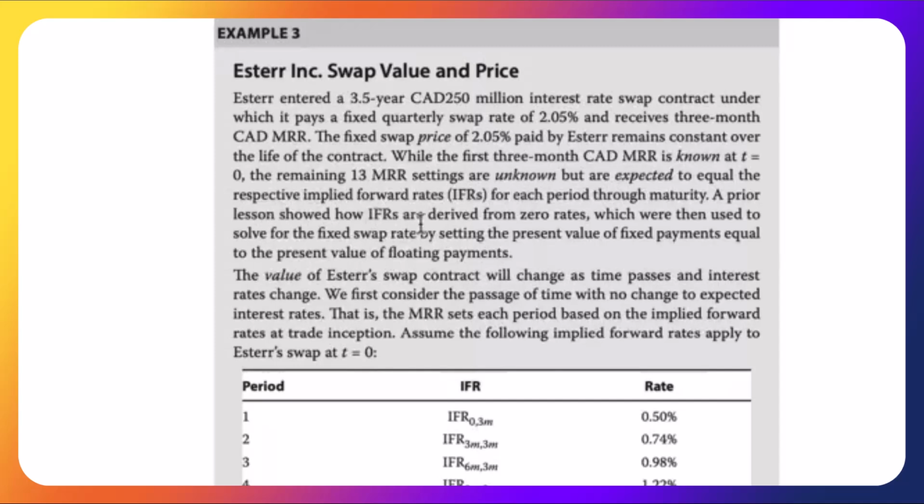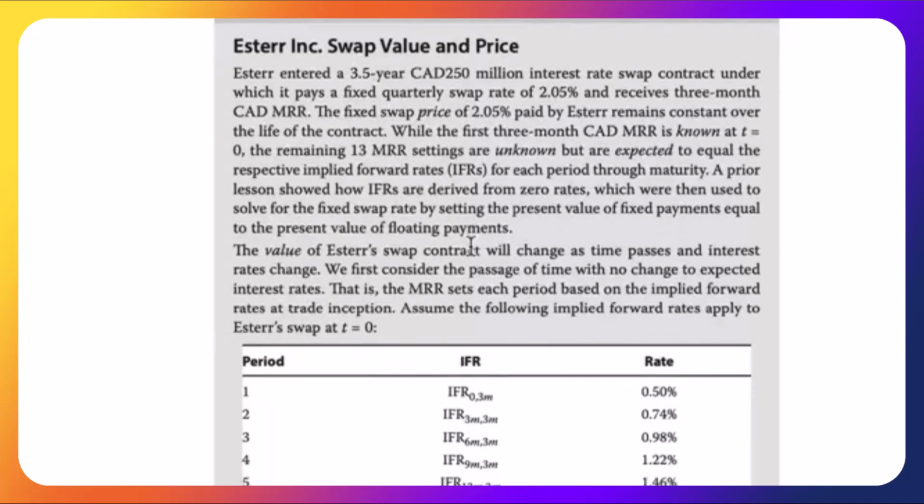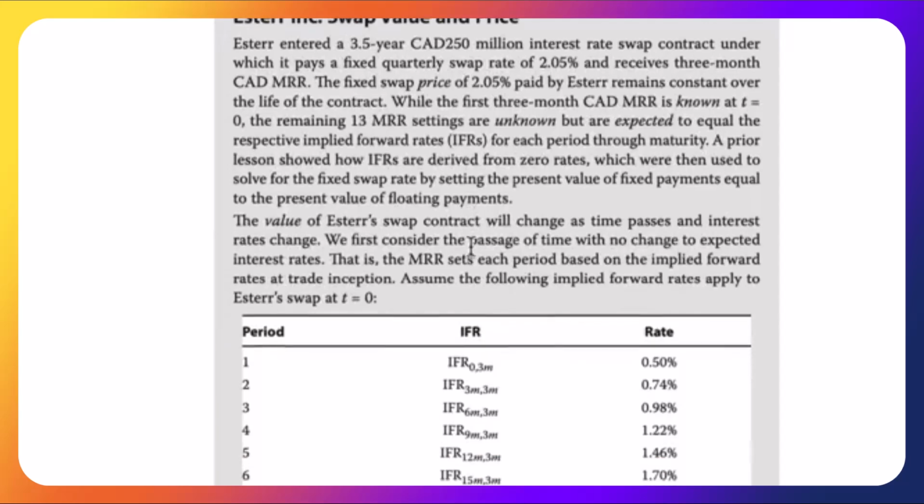A prior lesson showed how IFRs are derived from zero rates, which were then used to solve for the fixed swap rate by setting the present value of the fixed payments equal to the present value of the floating payments. And we did this, except I showed you how to do it with nothing but the spot rates. You can use the implied forward rates if you want. It's the long way around. I showed you how to do it with the spot rates.